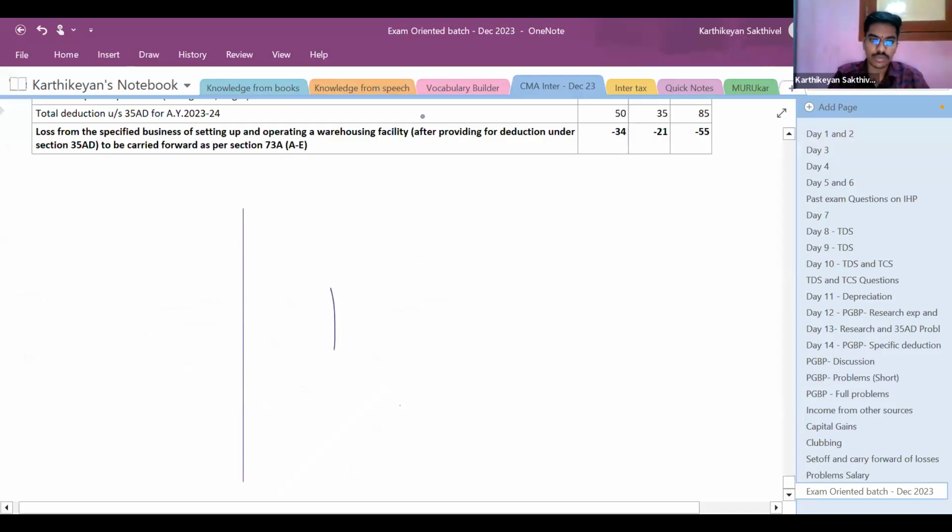So if assume for example, this is a municipality. Is the correct screen visible?